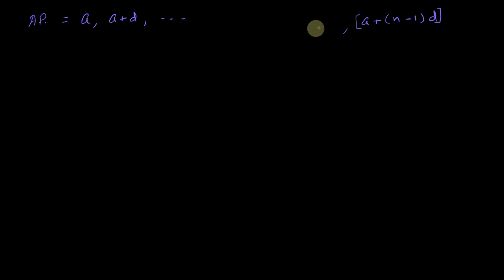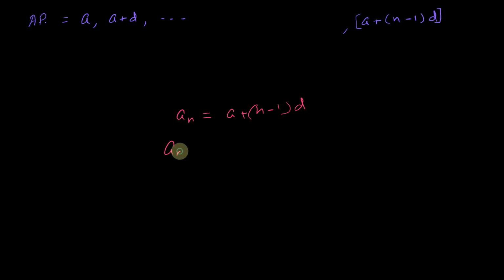To find out the second last term, I need to find a number 1 less than this number. You know that this is the formula for the nth term, that is an, right? Now, in the second last term, the value of n becomes n minus 1, 1 less than n.